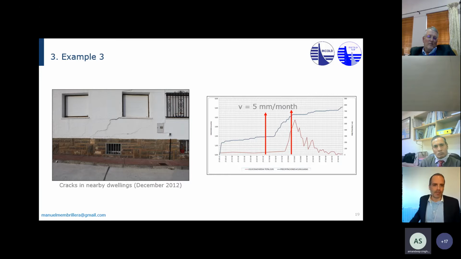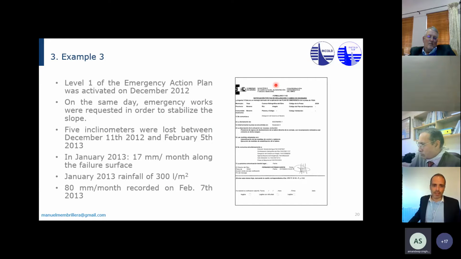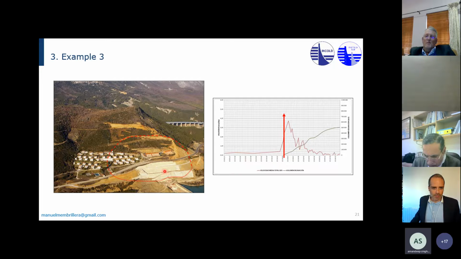And these were cracks in nearby buildings, and you can see these trends, also with rainfall and the velocity of the movement in the abutment. This is how the emergency action plan was triggered, and the dates, because of rainfall. So this is the old dam. This is the right abutment.